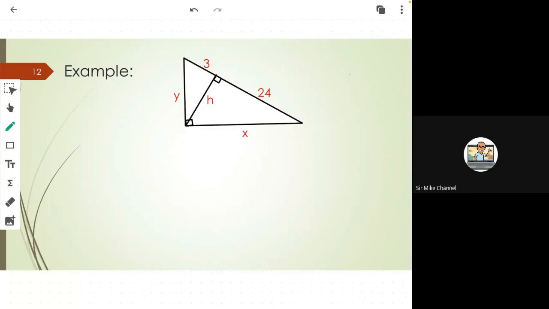What is the formula of the altitude? Y equals H over 3 po, over 3.